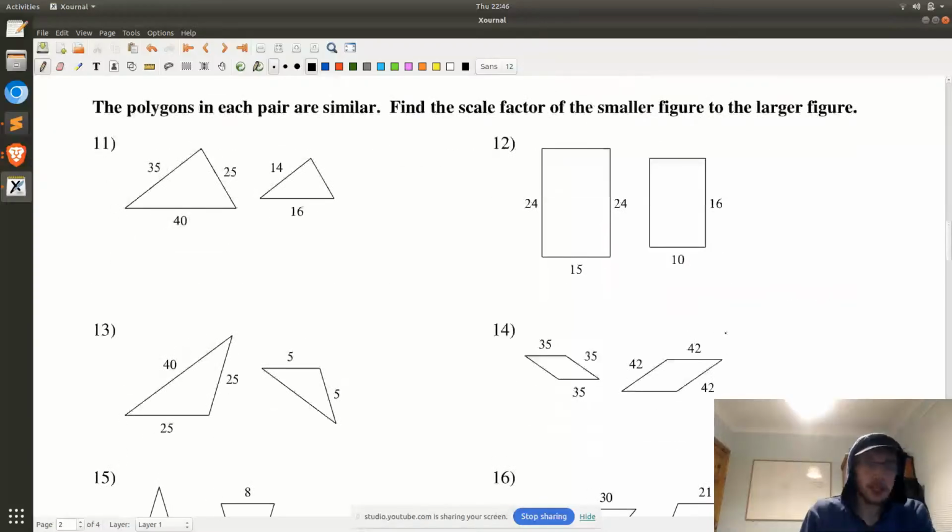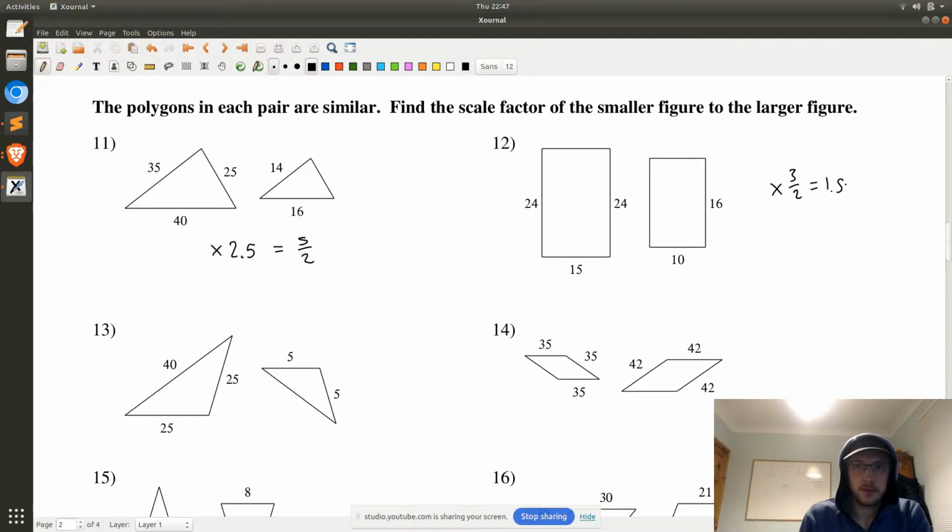The polygons in each pair are similar. Find the scale factor of the smaller figure to the larger figure. Oh, so you multiply by 2.5. Or 5 over 2. Multiply by 3 over 2.